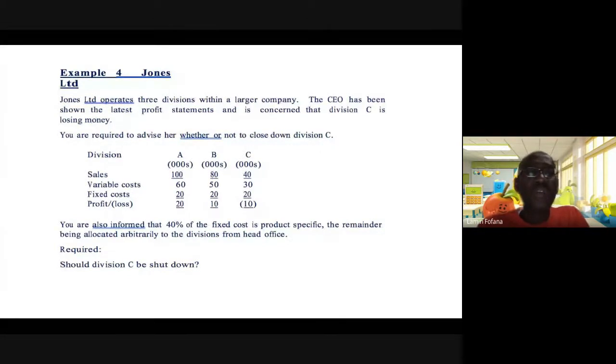You are also informed that 40% of the fixed cost is product specific, the remainder being allocated arbitrarily to divisions from head office. So 40% is specific, that is directly attributable fixed cost, while 60% is a general fixed cost. Required: should Division C be shut down?